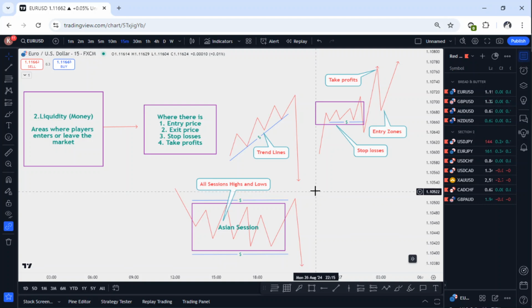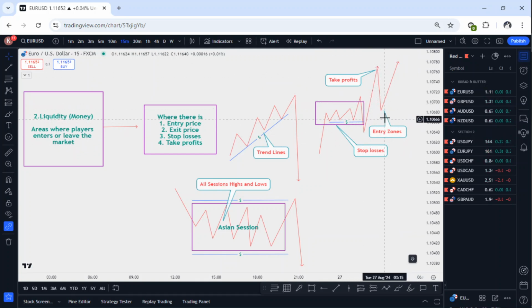Another liquidity point that you need to take note of is the take profit areas. Areas where people most likely take profit, or the big boys take profit, you will see the market reversing immediately, meaning that it is now pulling back to seek more orders or to find better price entries. At the same time, where stop losses are, you will find that price will always be pulling towards it and then immediately reverse in the opposite direction.